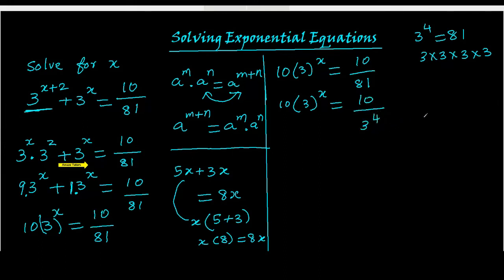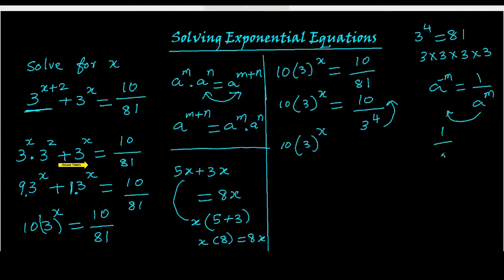Now I am going to bring this to the numerator using the negative exponent property. If a power negative m, if I want to make it positive exponent, I just bring it to the denominator, reciprocating or writing upside down. The other way is also possible.